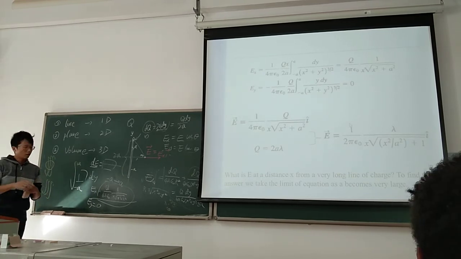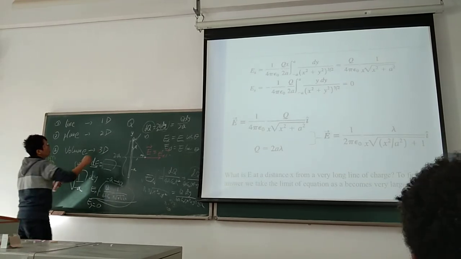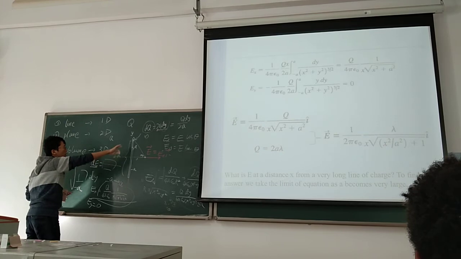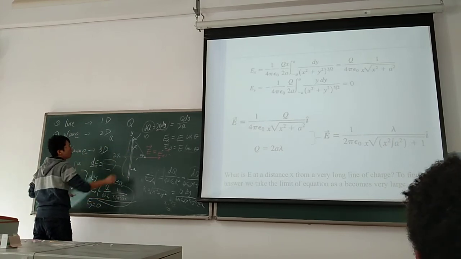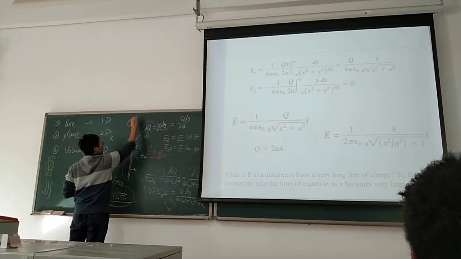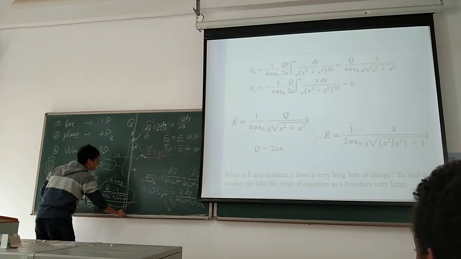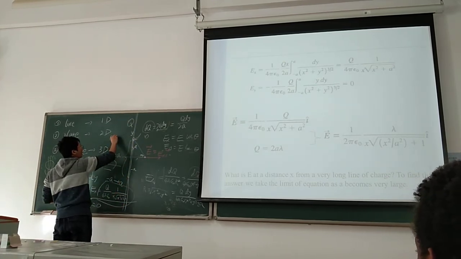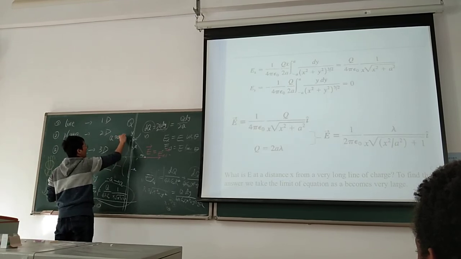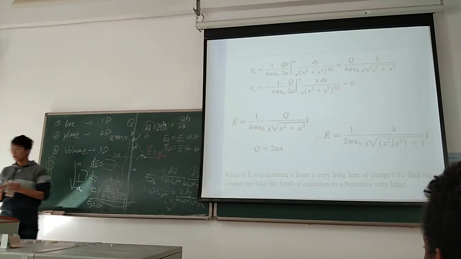If the length of the line is infinite, it is a super long line, which means the a is much larger than the x.